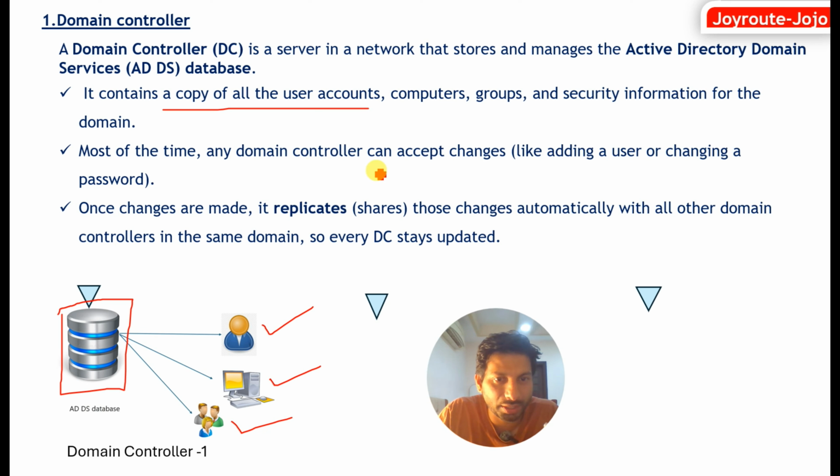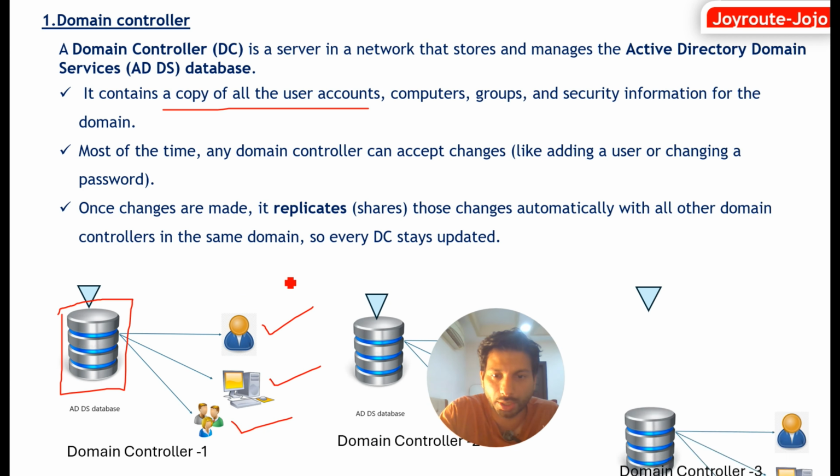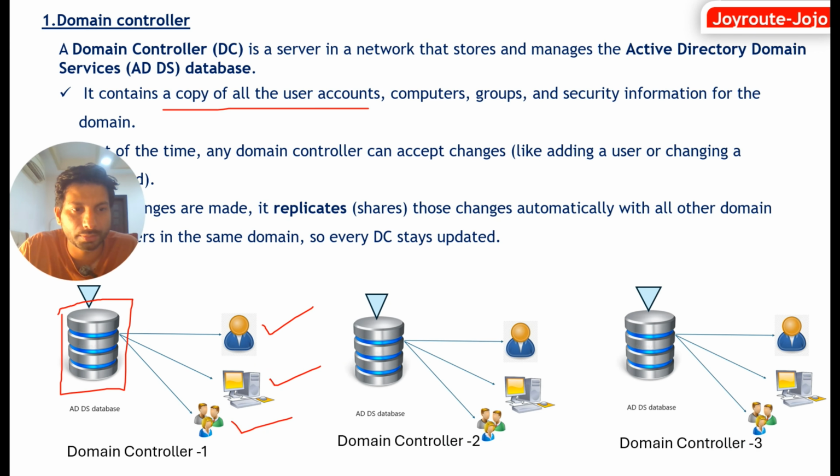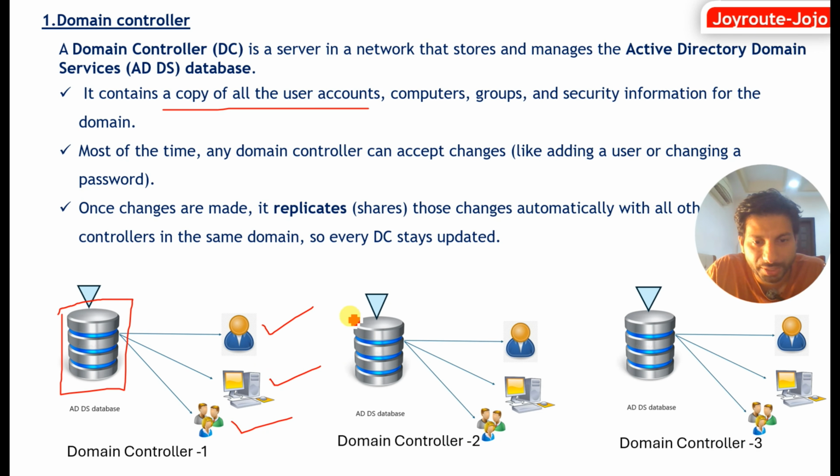Most of the time, any domain controller can accept changes like adding a user or changing a password. You can make changes in any domain controller. You can have multiple domain controllers in your infrastructure, domain controller 1, 2, 3, or more.